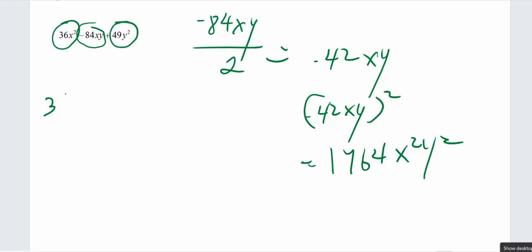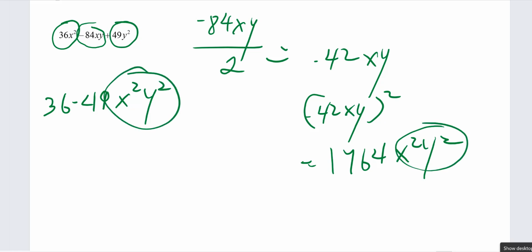Well, that will give me whatever 36 times 49 times x squared y squared is. I've certainly got the x squared y squared part, and 36 times 49 is 1764. So that works. What does that tell us? Since that works and since there's a minus here, we can use formula number 2.